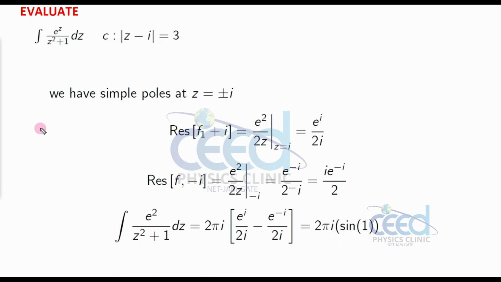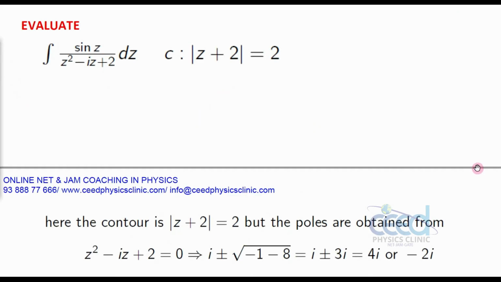Okay, now let us go to another problem. So here the problem is integral sin z by z square minus iz plus 2 dz, and the contour is defined by mod z plus 2 is equal to 2. First of all we can check the validity of the poles with this contour. Okay, so I can write this as mod z minus minus 2 equal to 2.